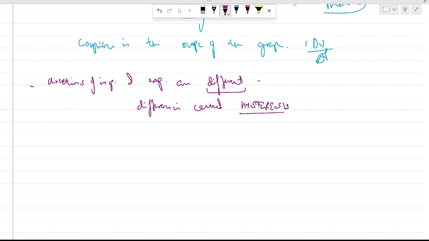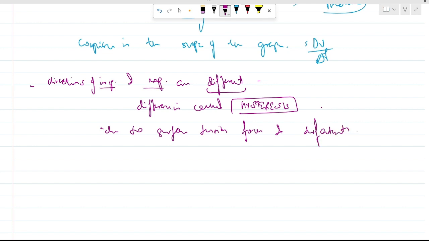The difference between inspiration and expiration is called hysteresis. This is due to surface tension forces and our surfactants, which seek to reduce the surface tension forces due to the water molecules.